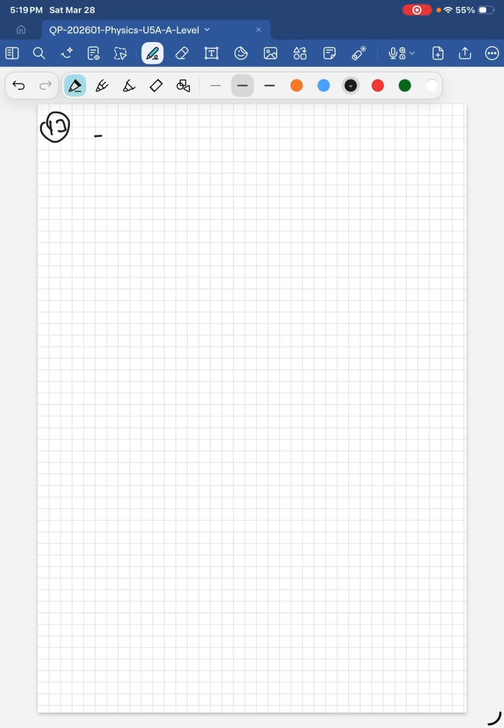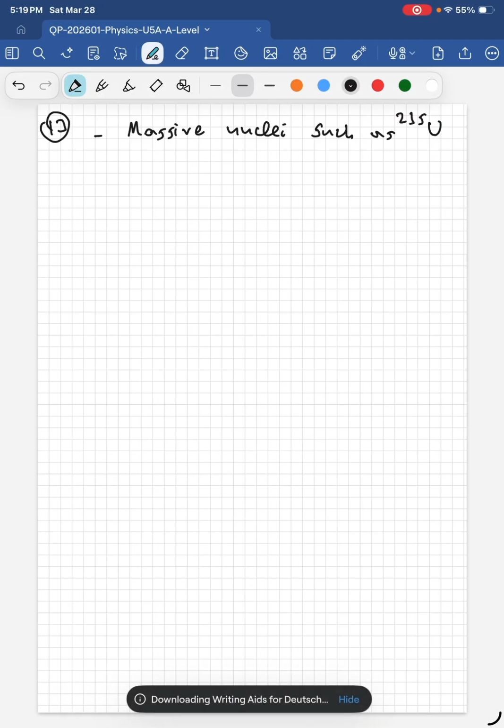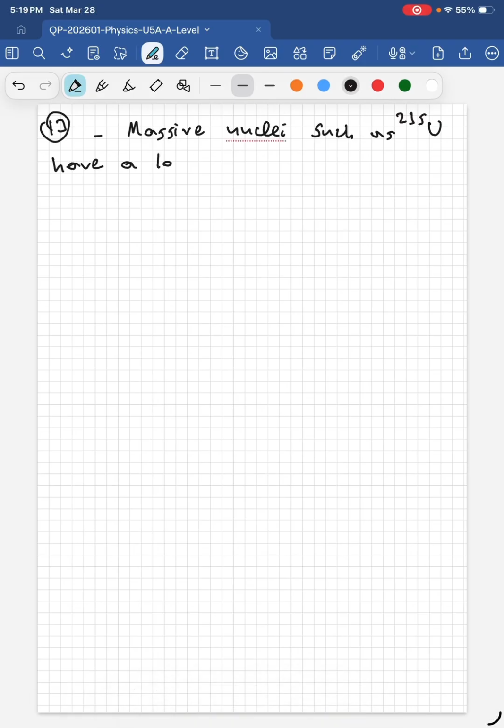So we can write that massive nuclei such as uranium-235 have a lower binding energy per nucleon than the fission products.